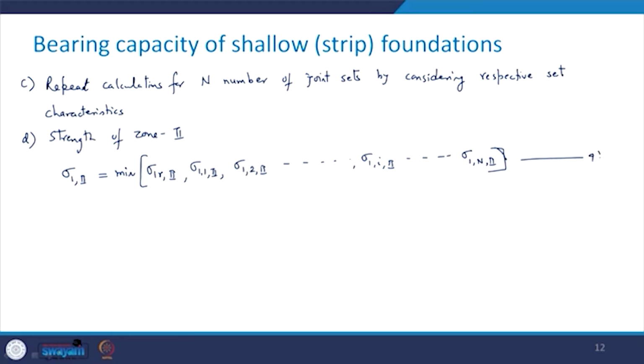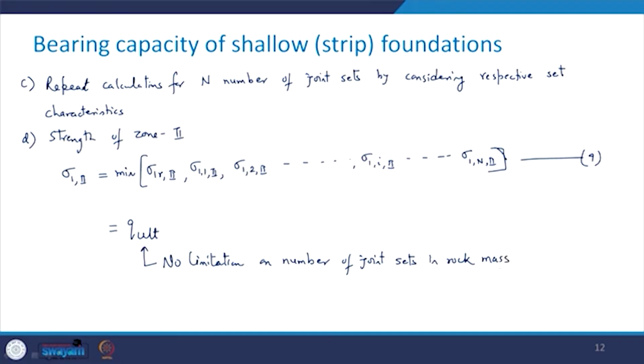Make this equation as equation number 9, and this is what is going to give us Q ultimate. And here you can see that there is no limitation on the number of joint sets in the rock mass.